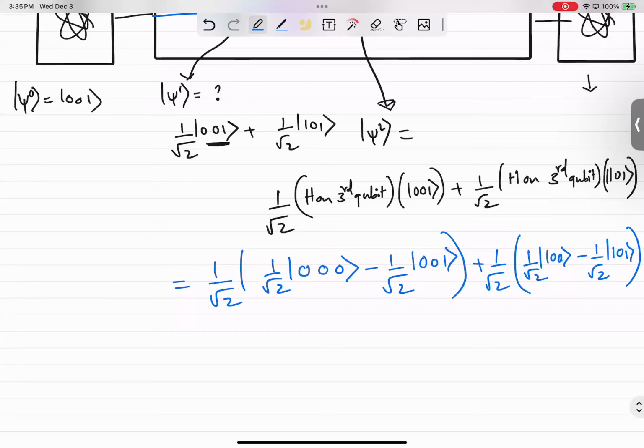Okay. This seems somewhat tedious, but again, there's no way around using linearity and doing these calculations if you want to find out what happens to quantum circuits. If you want to design quantum circuits, you have to do such calculations. Okay? So we got lemons, we are making lemonade.